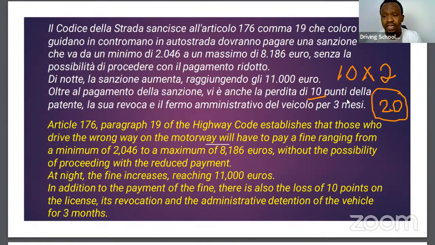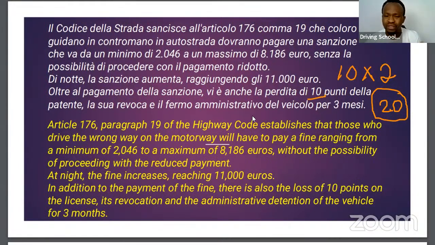And also, apart from that fine and deduction of 10 points, they said here, la sua revoca è fermo amministrativo del veicolo per 3 mesi. So the vehicle of this person can be detained for at least 3 months. You understand?